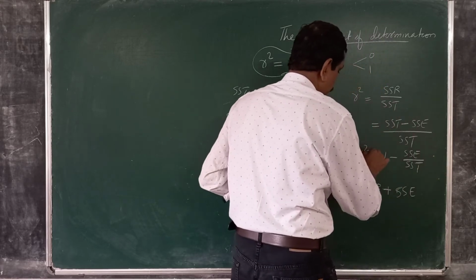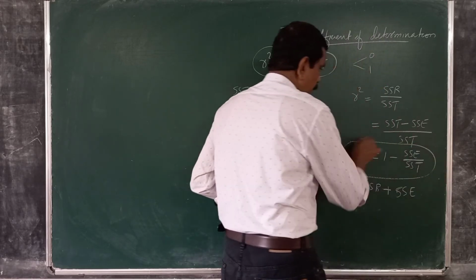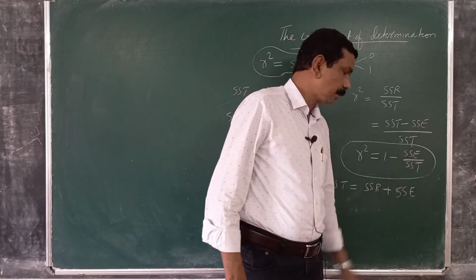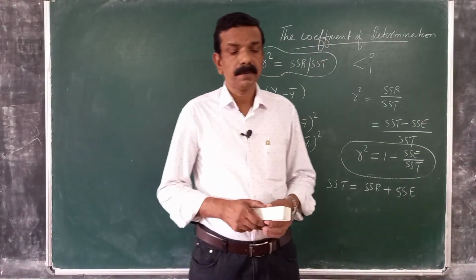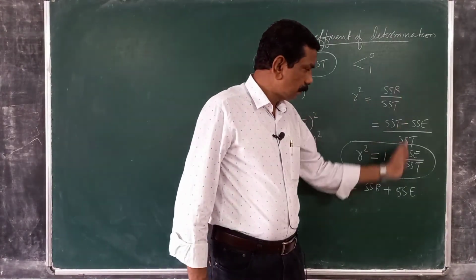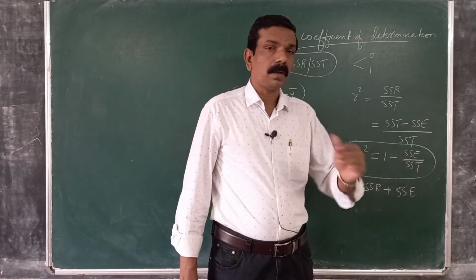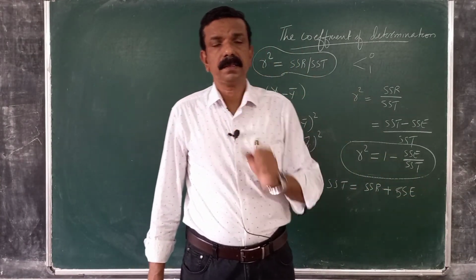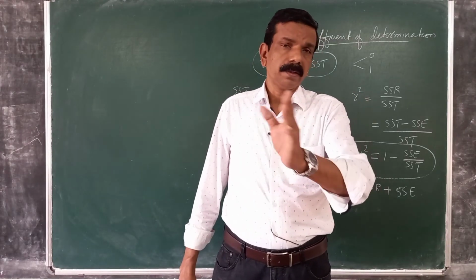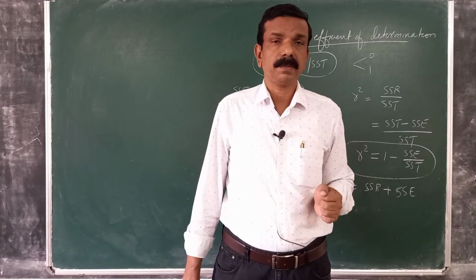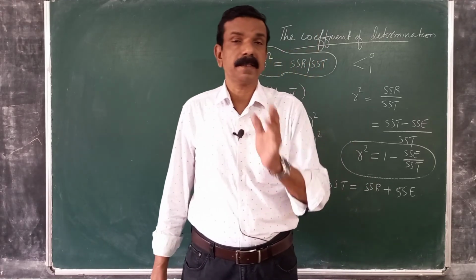So R square can also be written as 1 minus error sum of squares by total sum of squares. This is R square, the coefficient of determination, the percentage of the variation in the observed values of the response variable explained by the regression line.